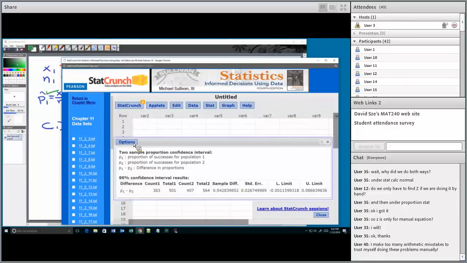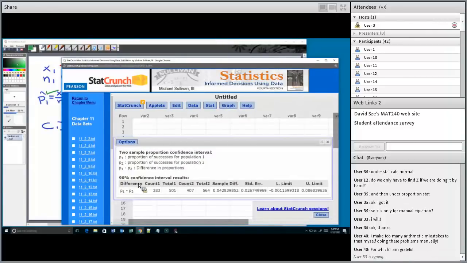Yeah, of course. I think it's definitely recommended that you use StatCrunch to do all your calculations. And part of the course is that you have to learn a software package, because in real life, statistics is done using software. It's not done using manual equations, because sometimes your sample sizes are really, really large. You can't really do manual calculations.